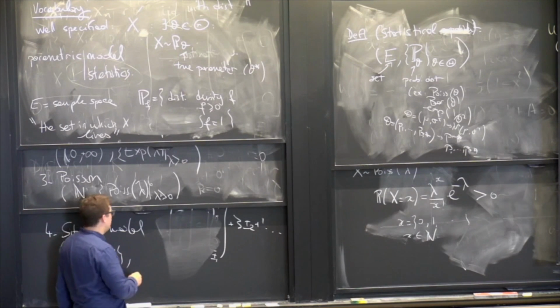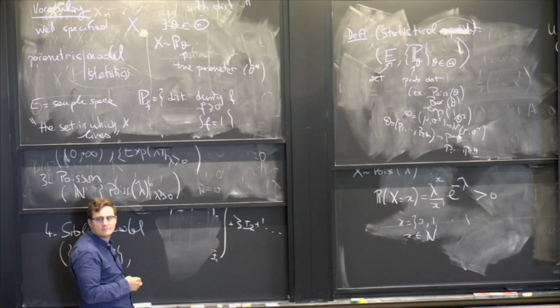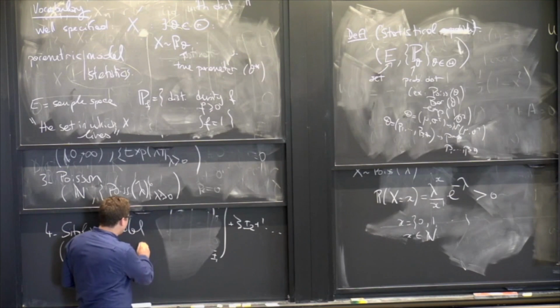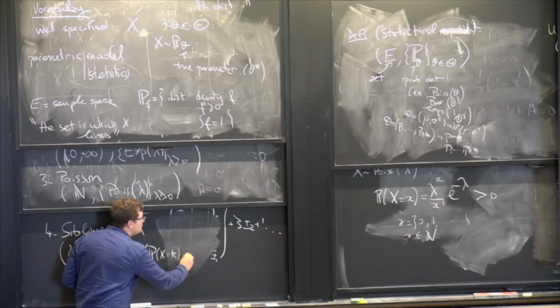And then what was my parameter space? That's going to be a nightmare to write, but I'm going to write it. I'm going to write something like the probability that X is equal to k is equal to p sub k.